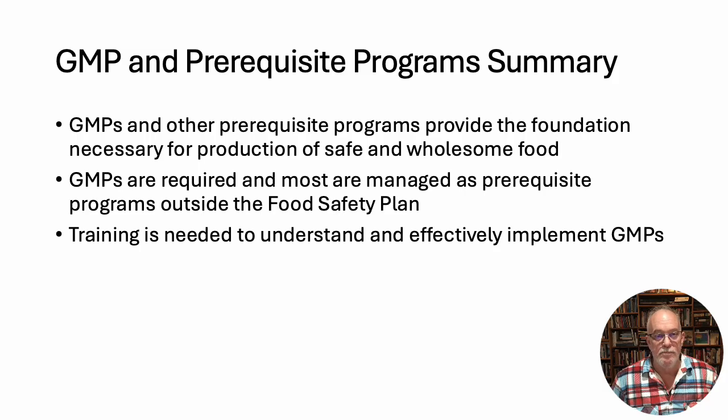GMPs are going to be more or less required for your facility. At a minimum, you're going to have GMPs and training. You may not even need a food safety plan. It's possible, you got to do the hazard analysis. But GMPs aren't optional. They're required. Make sure you make that happen.